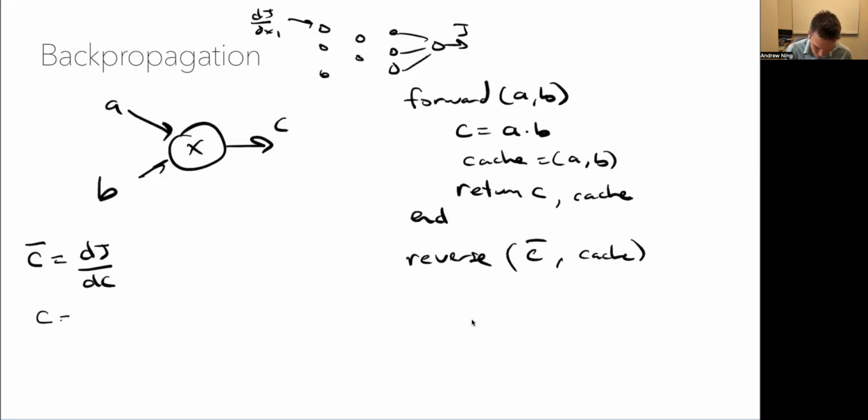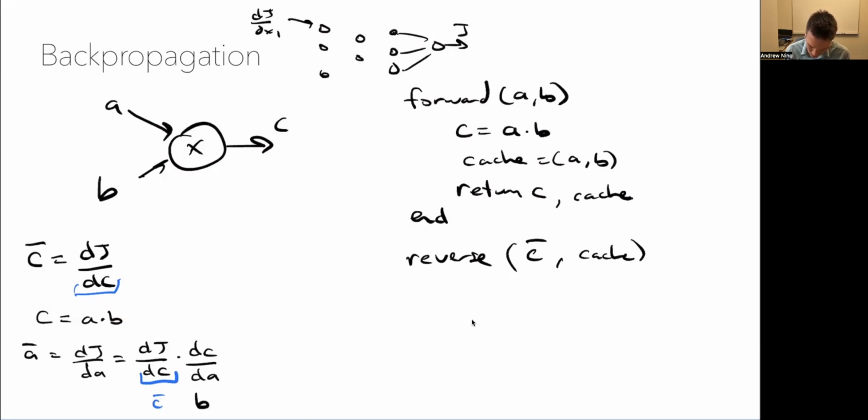We know that C is A times B, right? So I want to compute A bar, for example, and A bar is the derivative of J with respect to A. And the chain rule says that's the derivative of J with respect to C times the derivative of C with respect to A. Well, the first is just C bar, and the derivative of C with respect to A is just B. So that's my formula there.